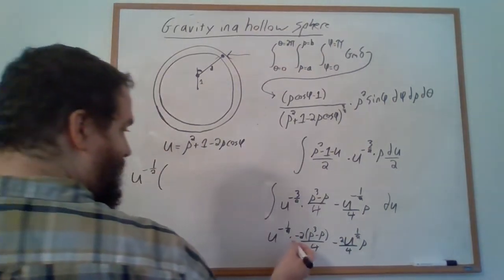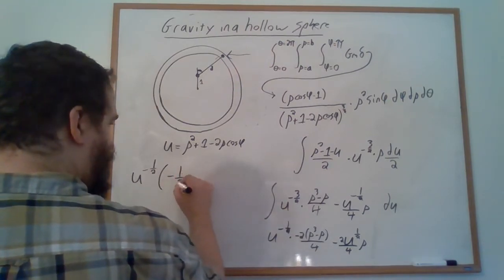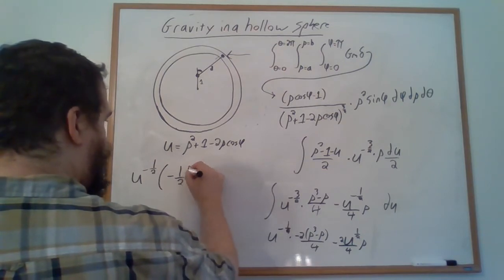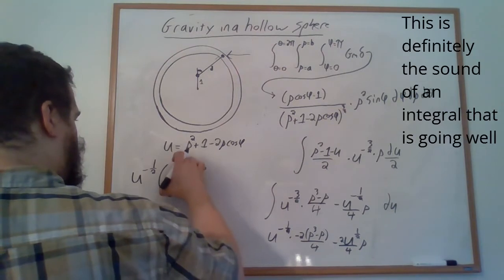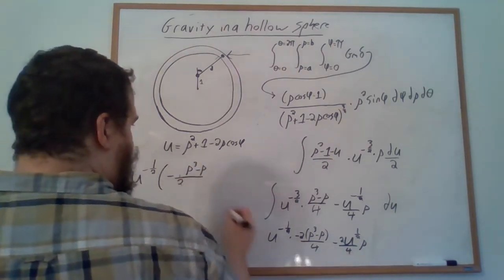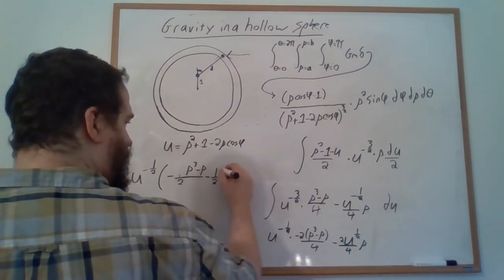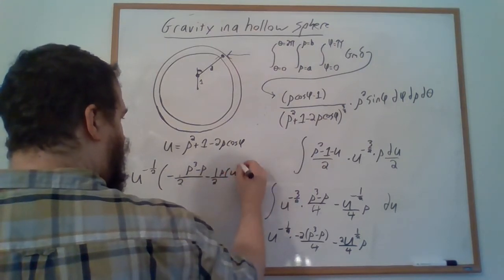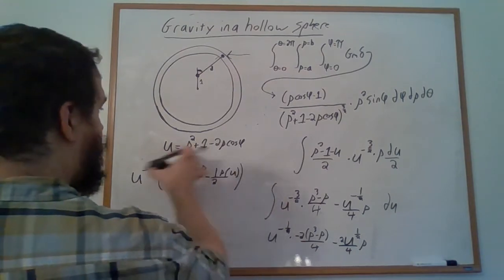So this is going to be, let's see, cancel the 2 and the 4 to get negative 1/2, rho cubed minus rho in the numerator. And this is negative 1/2 rho times u. And then this u here, we can fill in.